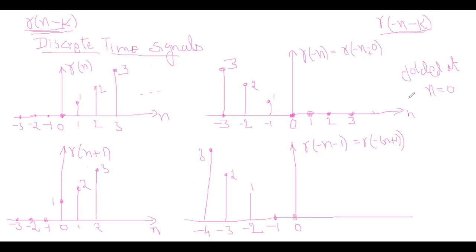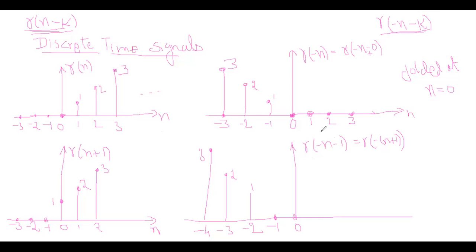If k is negative, in the r of n normal signal, it is shifted towards the left side, and here with k negative, r of minus n plus k, plus means towards the right side, the folded function, the reverse.